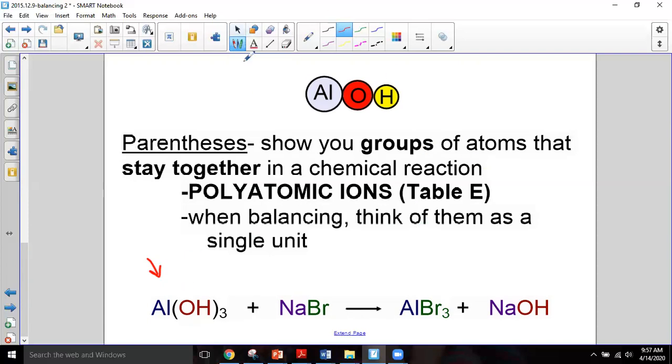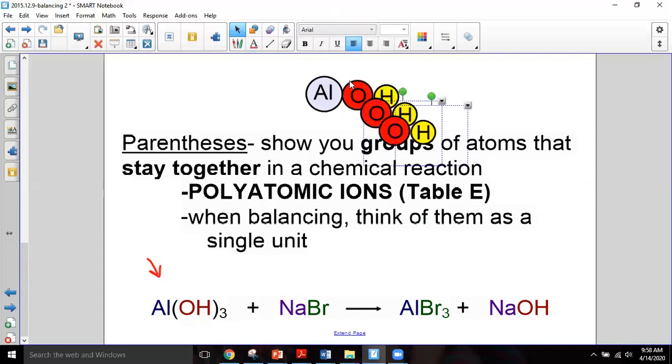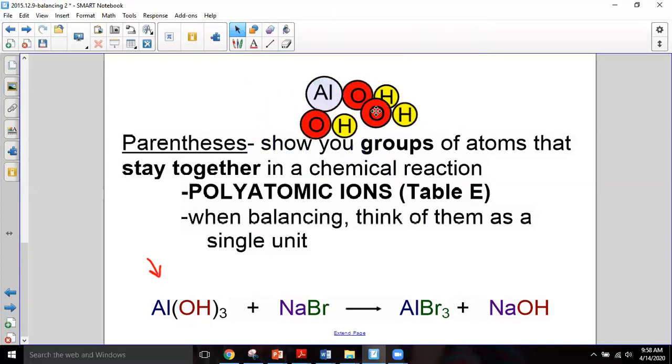So this Al(OH)3 means you have an Al with 3 groups of OH connected to it. And I will do a poor job of arranging it.